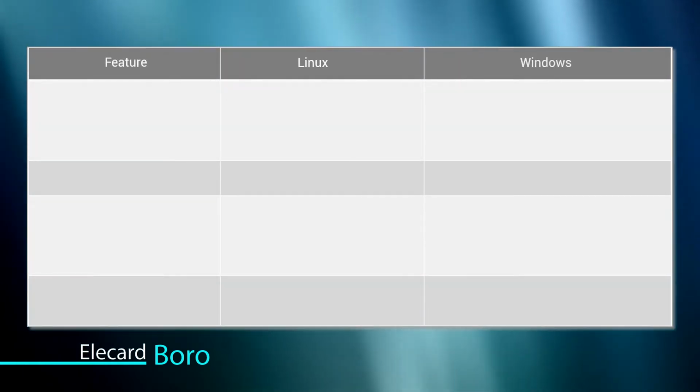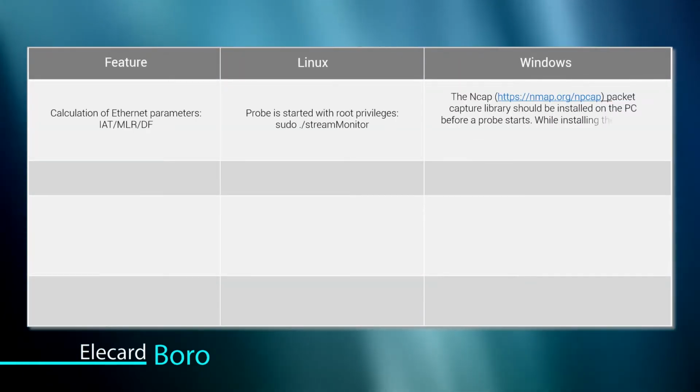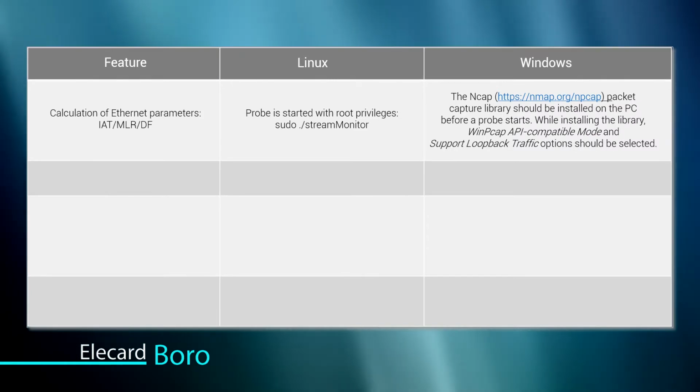The versions for Windows and Linux differ slightly from each other. Calculating Ethernet parameters requires higher privileges and installation of the Windows Packet Capture library. Ethernet parameters include the calculation of important metrics such as delay factor, media loss rate, inter-packet arrival time, and the source and destination addresses taken from packet headers.